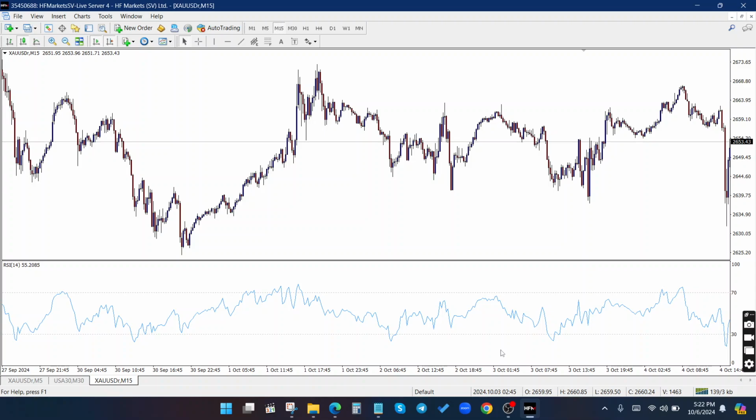And the second point that most traders usually look out for is below 30, which is the oversold zone, and it usually indicates that there could be a potential reversal of price up, right?